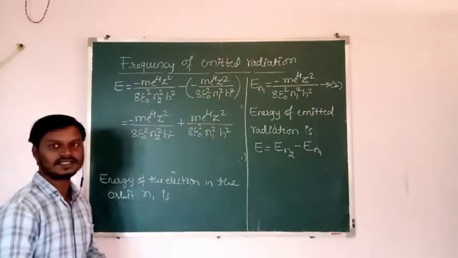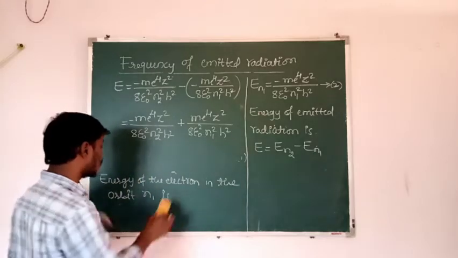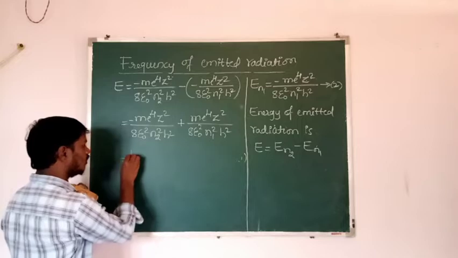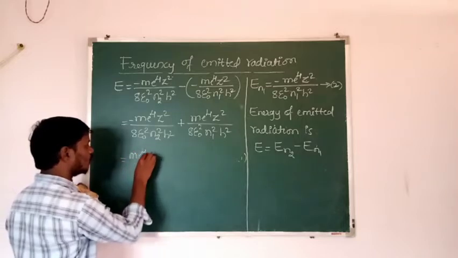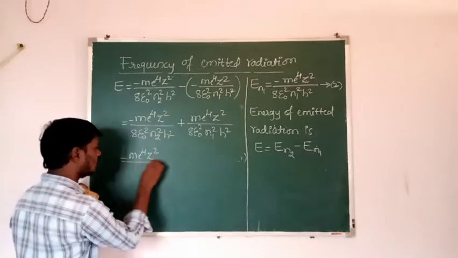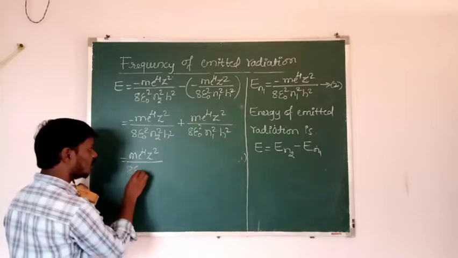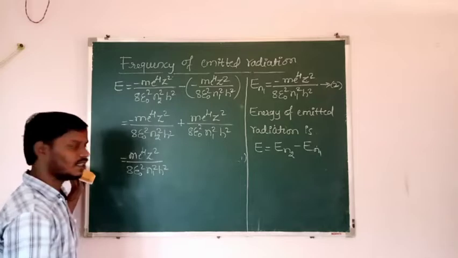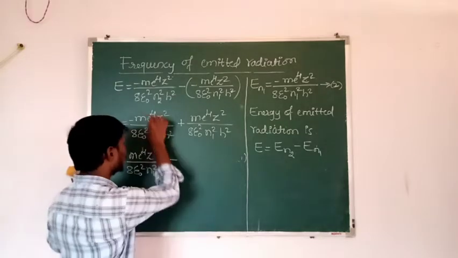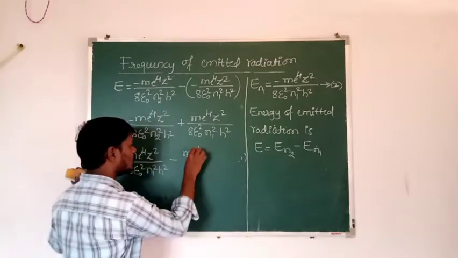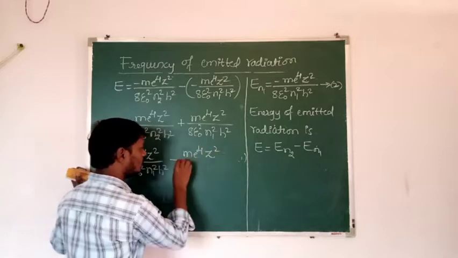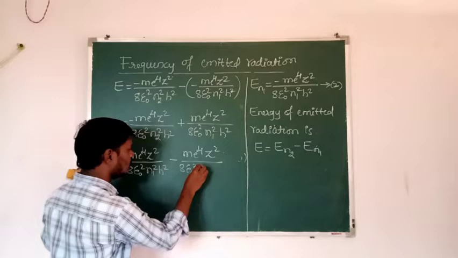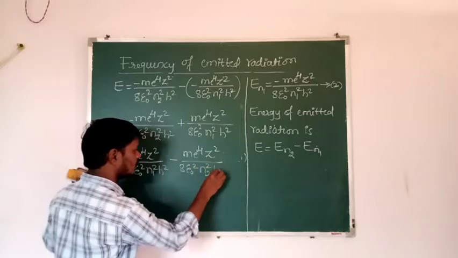First I will write the positive term, next the negative term. So we can write m e raised to 4 z square divided by 8 epsilon naught square n1 square into h square, minus m e raised to 4 z square divided by 8 epsilon naught square n2 square into h square. This is the energy of the emitted radiation.